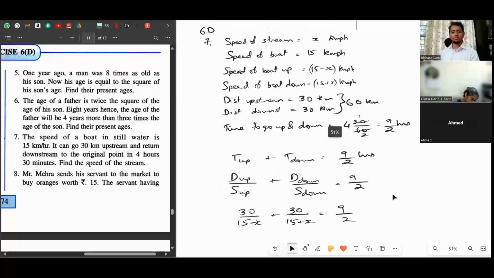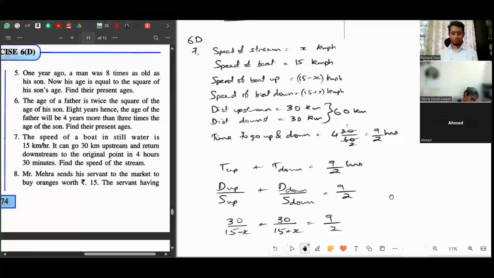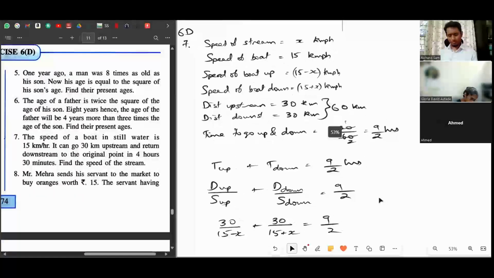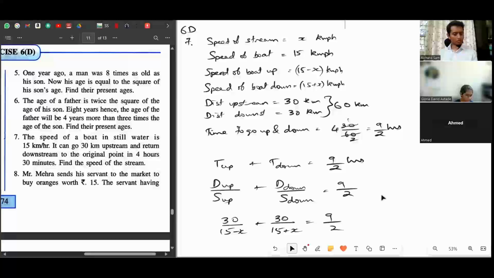Any doubt, anyone? Sir, in the speed of a boat upstream, we can write x minus 15 also? Speed of boat upstream is 15 minus x only. You have to write 15 minus x only.